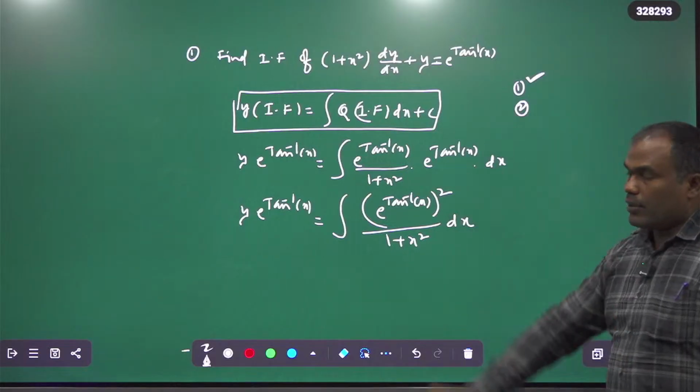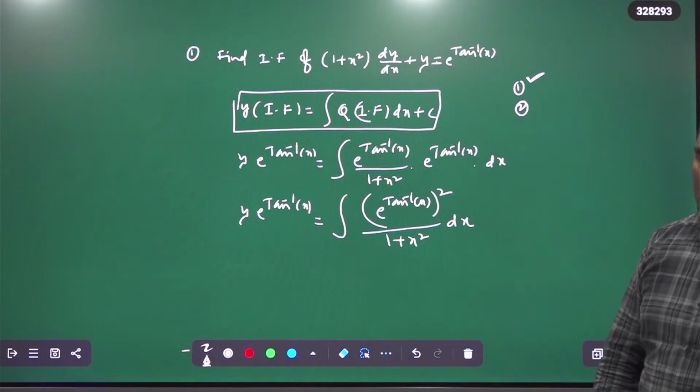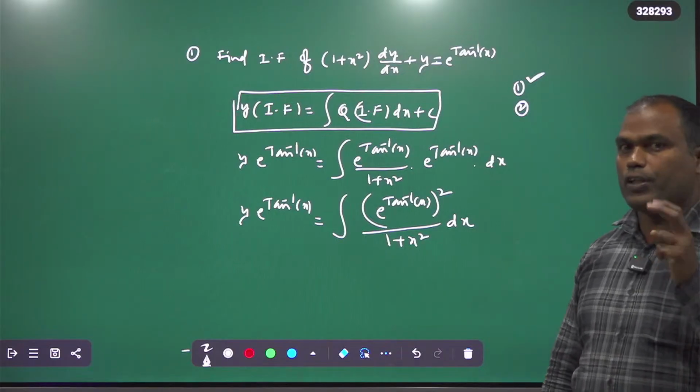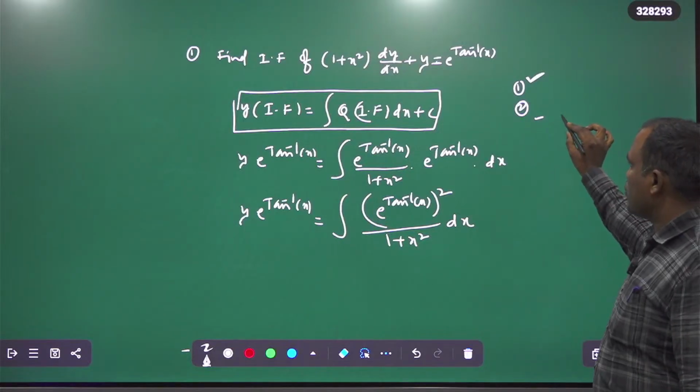The second point is the method of substitution. It means that when an integral has two functions, one function is taken as a suitable substitution.